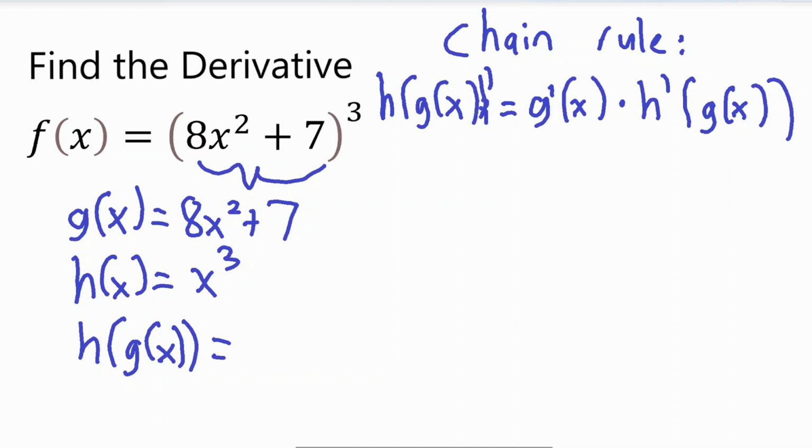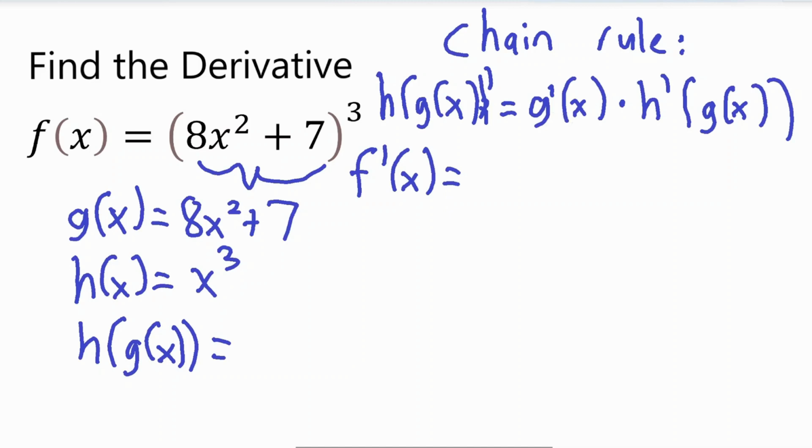So this is our chain rule. So let's implement this. So our h of g of x is just going to be called f of x. So f prime of x is equal to g prime of x.